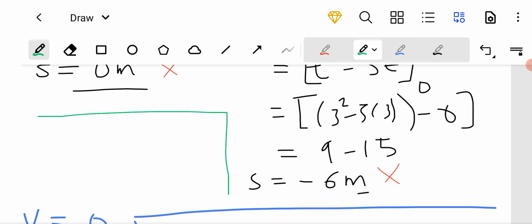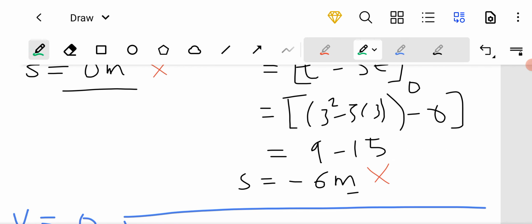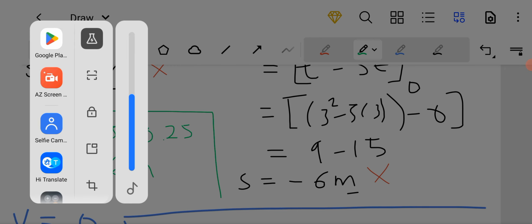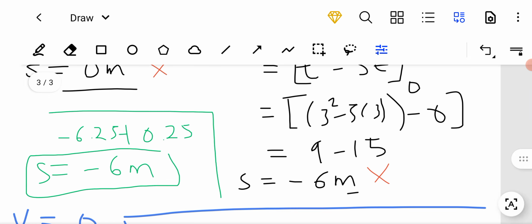So you have your S1 being equal to negative 6.25 plus your S2 of 0.25. If you add these the way they are, you're going to have negative 6 meters. And this answer is not bad, it's close to the final answer. But actually you're answering a different question. This answer is actually the displacement. The displacement takes into consideration the direction. That's why you have a negative 6 meters. Distance, you can't have a negative.